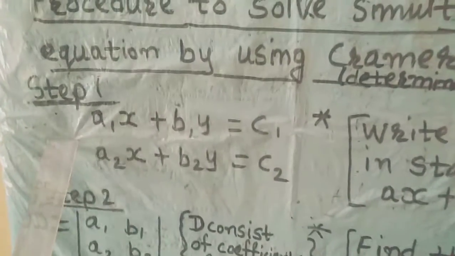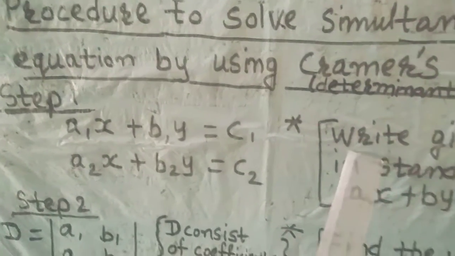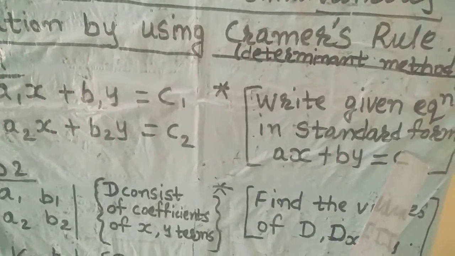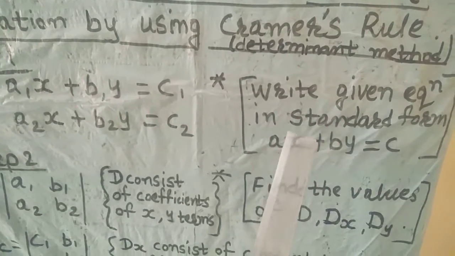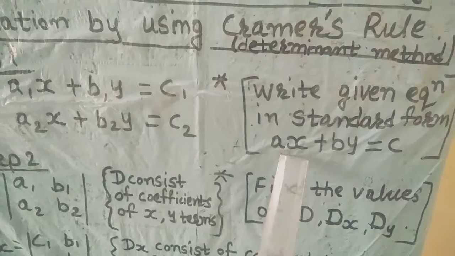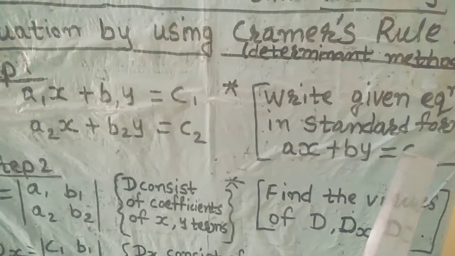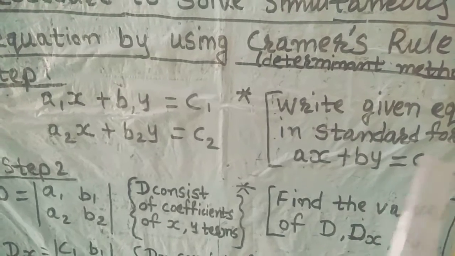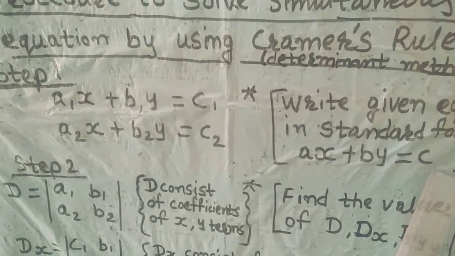Now, the first step is nothing but to write the given equations in standard form. Sometimes equations are not in standard form. You have to write them in standard form, that is ax plus by is equal to c. You have to take the constant term to the right hand side of the equal to sign.